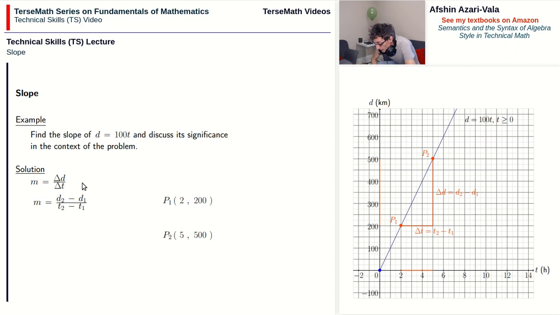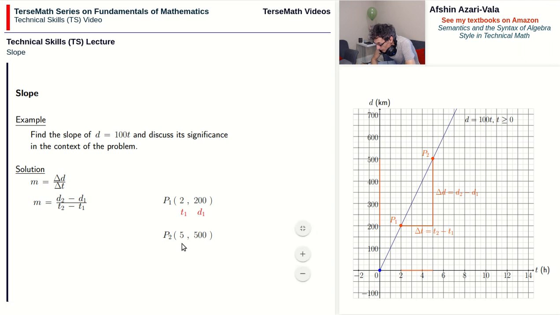So that means that we can now write down, instead of delta d, d2 minus d1, and instead of delta t, t2 minus t1. Now, of course, t1 and d1 are the t and d coordinates of point 1. So t1 is 2 and d1 is 200. You notice that t1 is here, the time value for point 1, 2. And then d1 is the distance that we have driven at point 1, which is 200 kilometers.